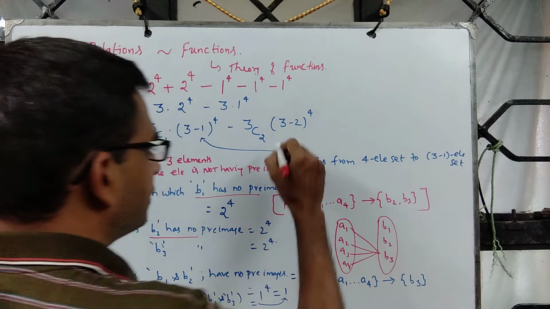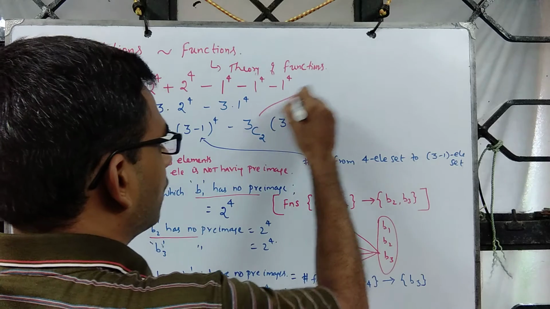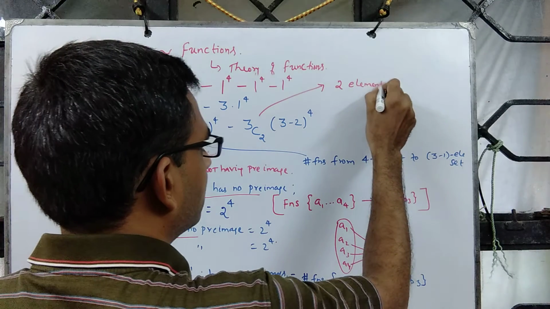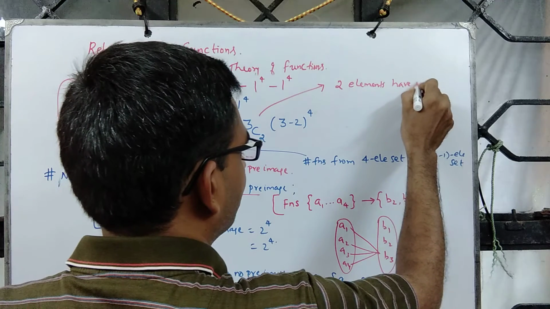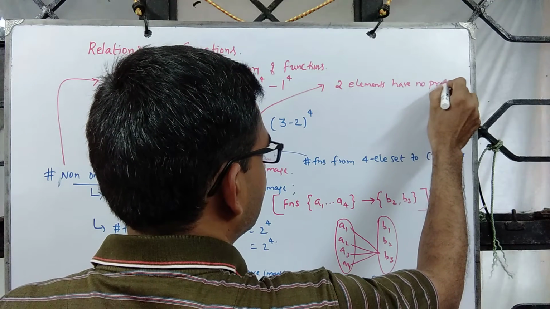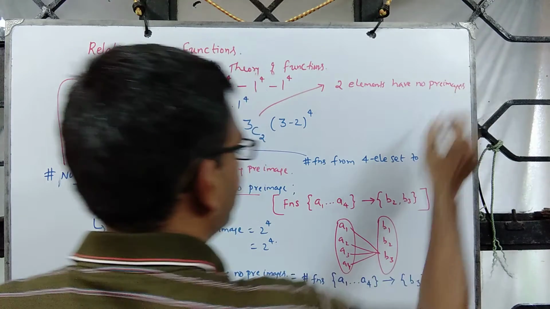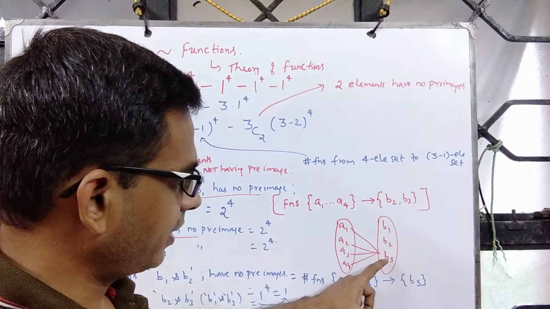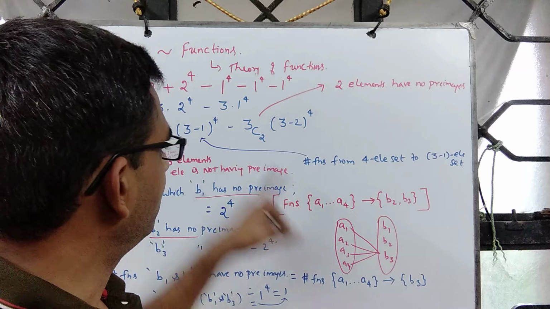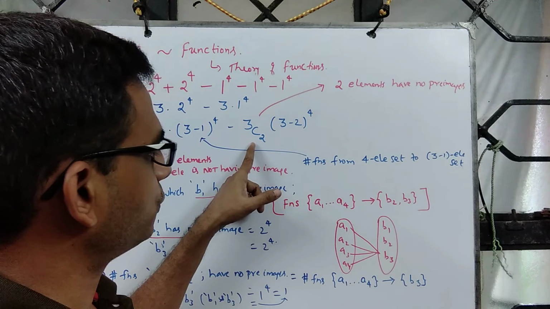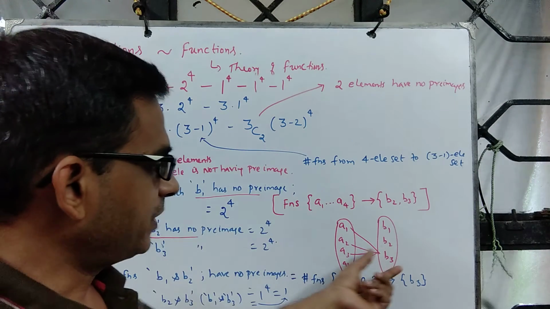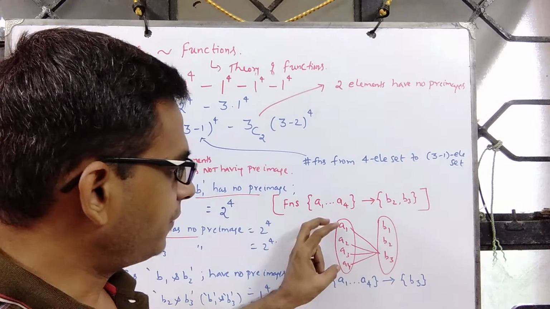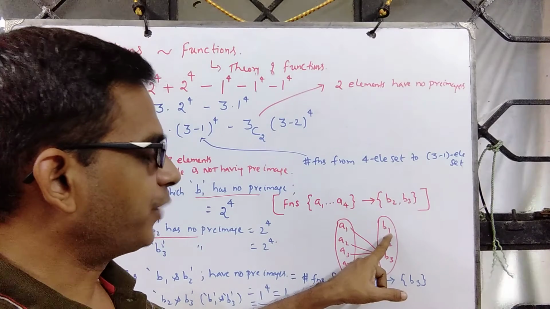So this one tells you that 2 elements are not having pre-images. There are many possibilities, right? It could be B1, B2, or it could be B2, B3, or it could be B1, B3. So in general it is 3 choose 2, which means two of them are not having pre-images. Then all of this should be mapped to only one.